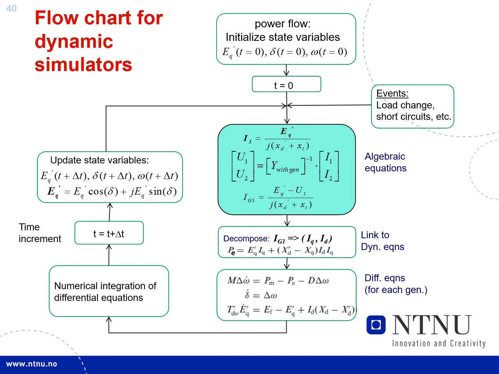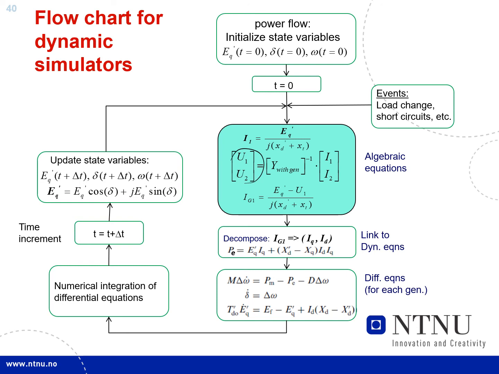Then you need to define some events. Any change in load, a short circuit, etc. that impacts the admittance matrix. And from the initial value, you compute the current injections. Having the current injections, you compute the voltages on all nodes.